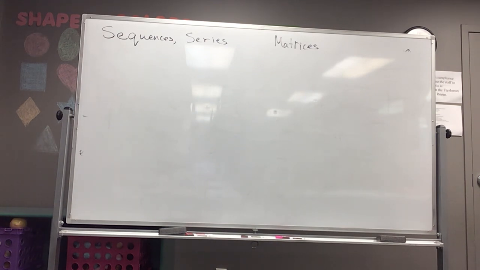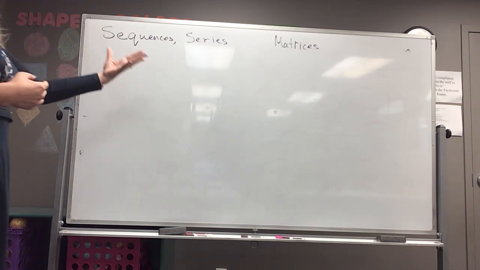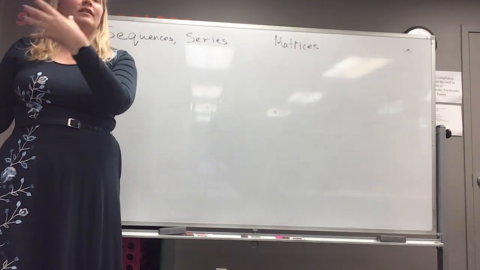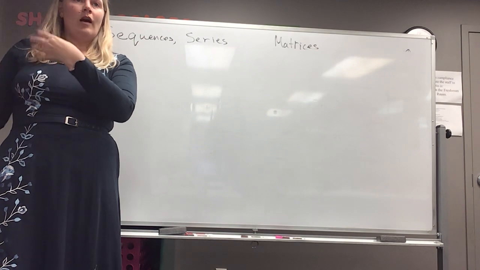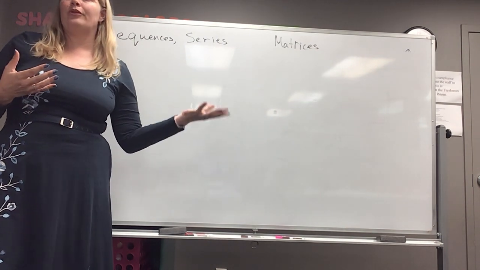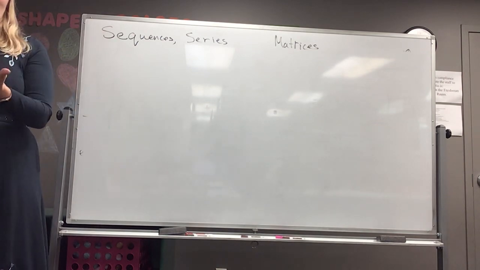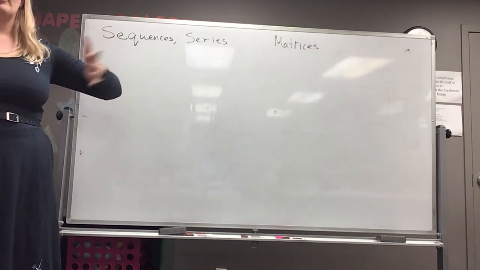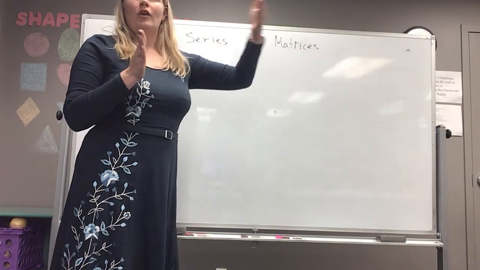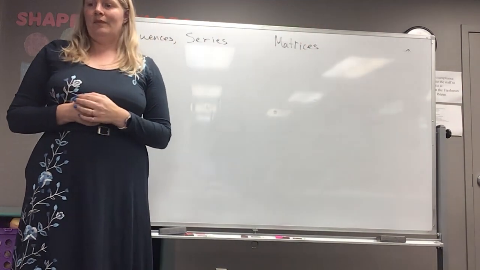It's about the numbers in order, and whether you're trying to find the sum of all of those numbers or just find what's called the nth term. Nth being the variable; it might be the 5th term, it might be the 27th term. The nth term means that number in the set.